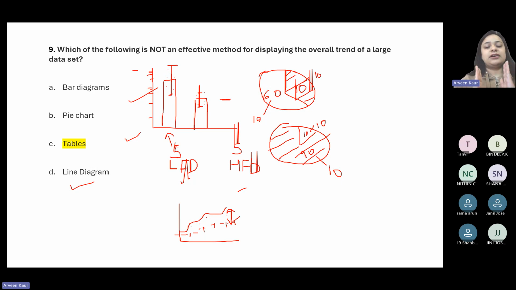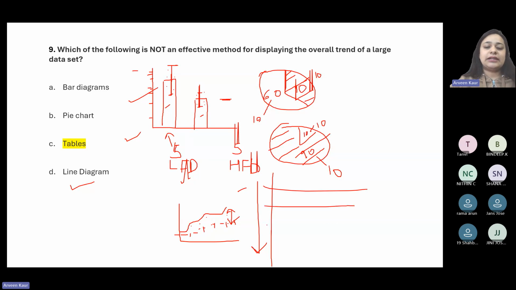So a line diagram is also very representative. But if we had to give this information via a table, then we will draw a table. It will contain at least 10 rows, because there are 10 mice, 5 low fat mice and 5 high fat diet mice. And then it will contain at least 5 or 6 temperatures, so 5 or 6 columns.